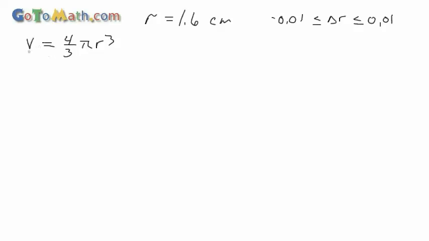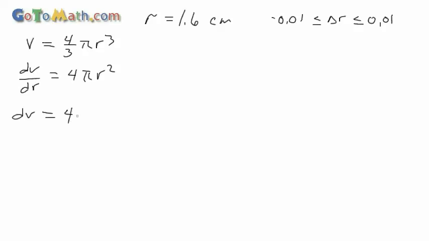So we have dV over dr, we're taking with respect to r here. We take the 3, bring it out front, but then we're just left with 4 pi r squared. So let's solve for dV.